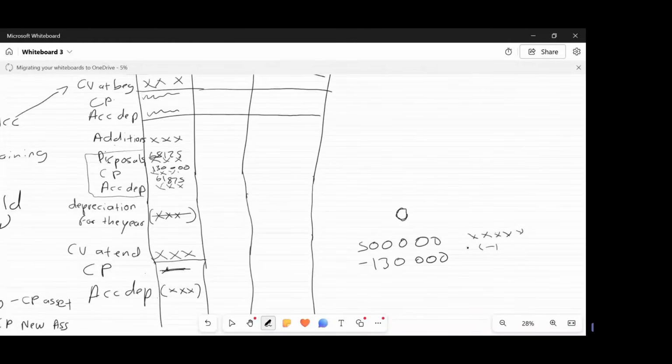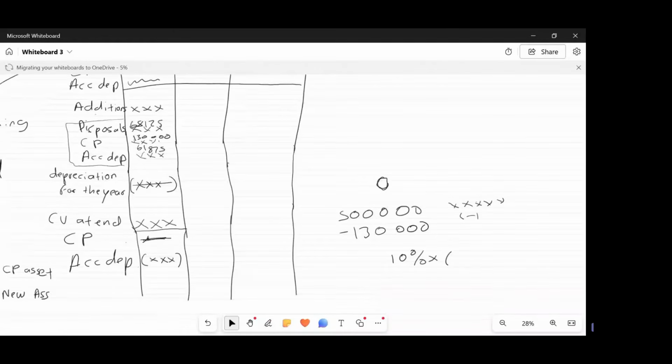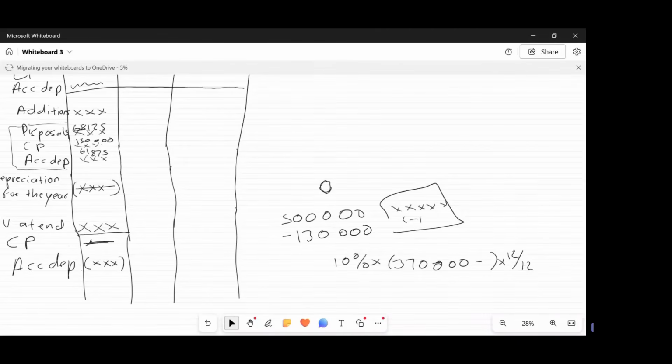And then when you get the difference, that's the amount you use to calculate your accumulated depreciation, which will be 370,000 minus the amount that you get here. And then it's going to be times 12 over 12 because you used these assets throughout the year. Then you get your amount.